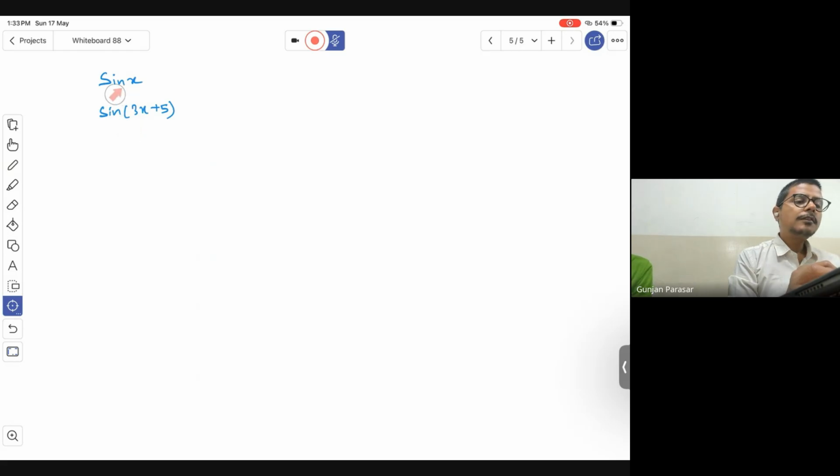So in this first case, I will say the argument of the function is x. The output of the function is decided on the basis of just x. Clear? But in the case of sin 3x plus 5, I will say the argument of the function is 3x plus 5. I'm not telling that I read that definition in a book or somewhere.